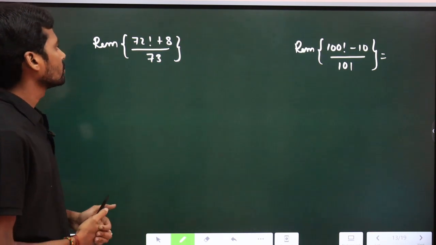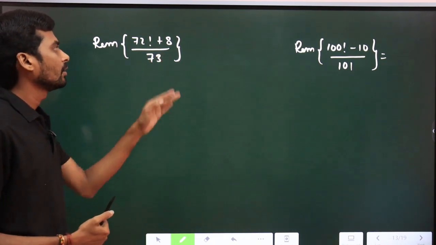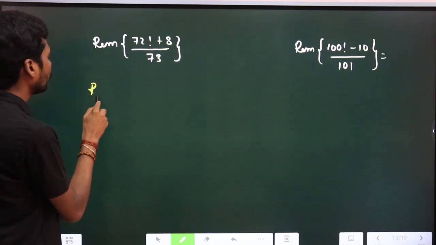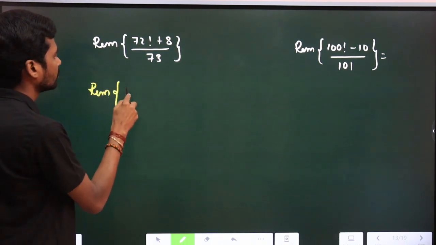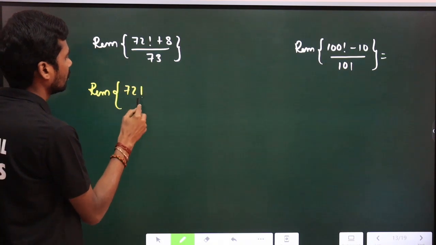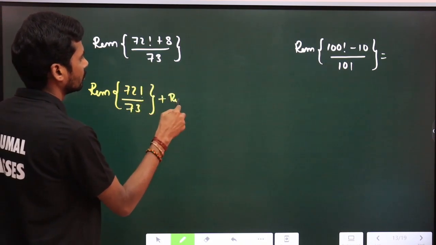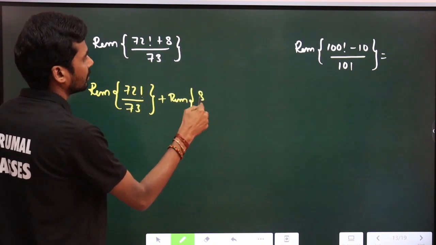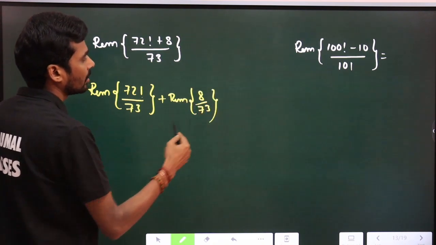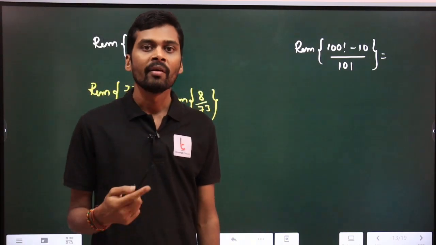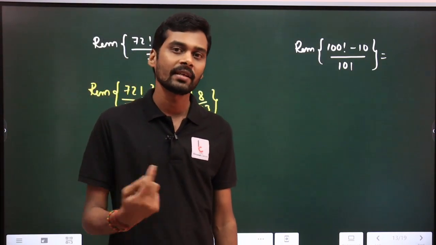You take the next problem. Remainder of 72 factorial plus 8 by 73. Can I split it like remainder of 72 factorial by 73 plus remainder of 8 by 73? Because you know the property: when a plus b is divided by the same divisor c, we can write it as remainder of a by c plus remainder of b by c.